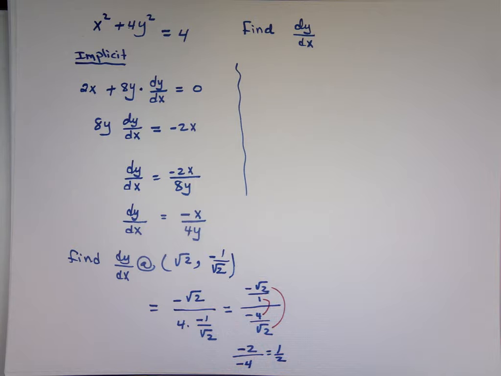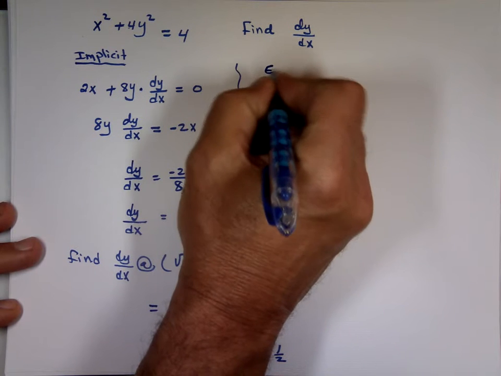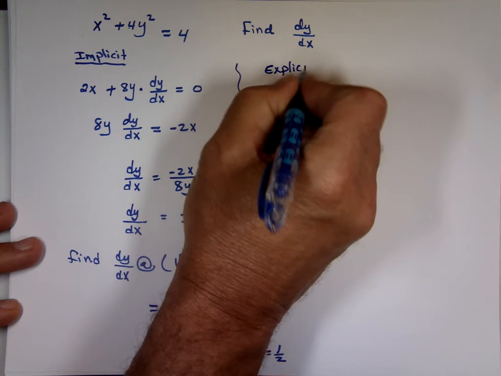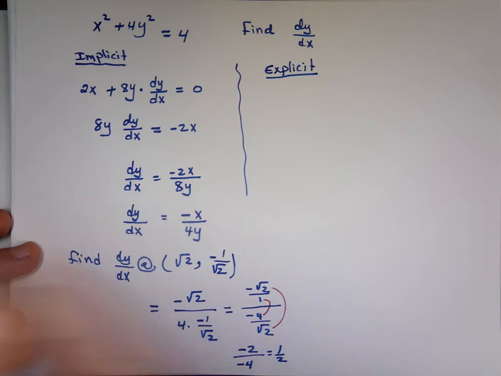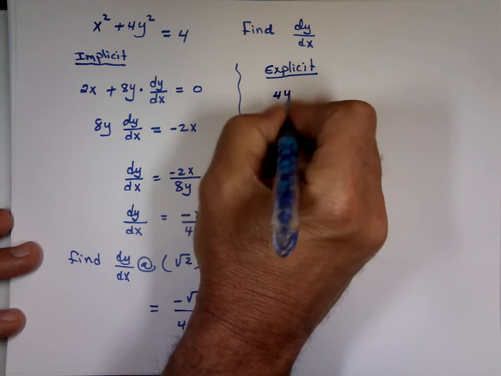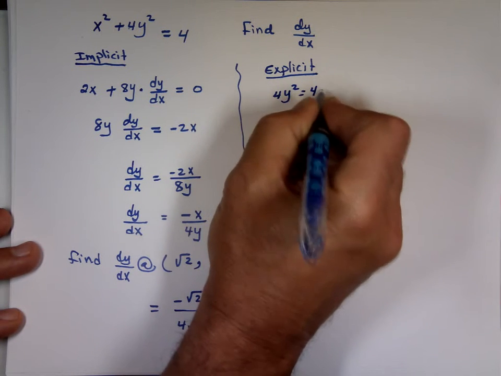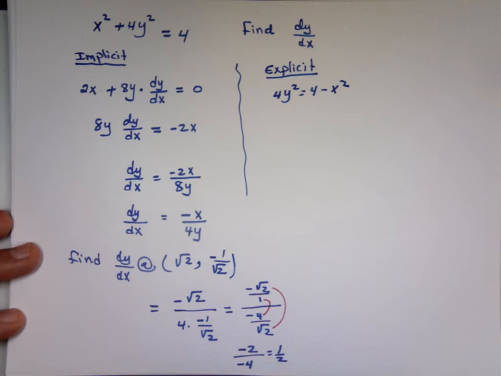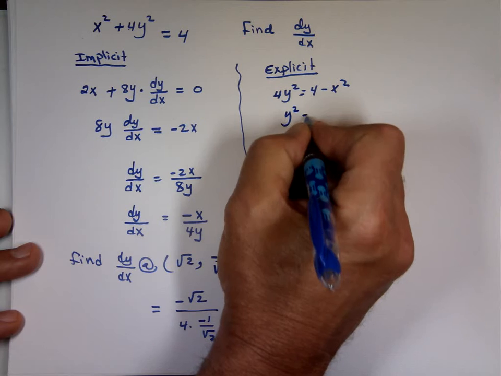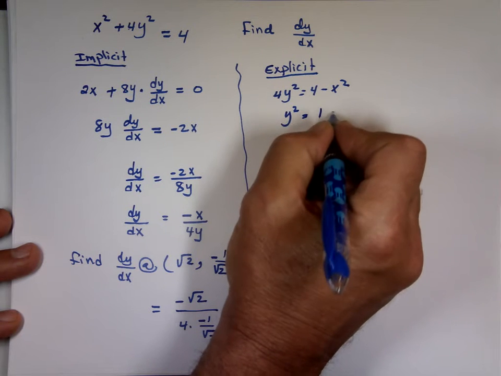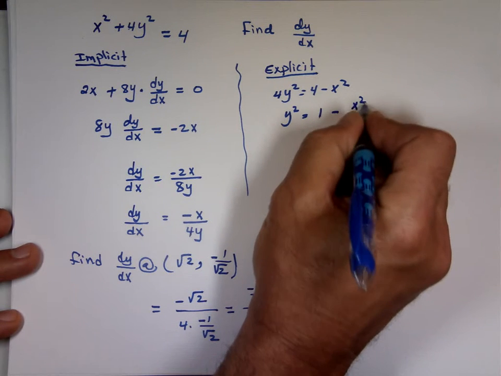Now, this is one of those problems. I could have solved it for y. I could have made it explicit. Which says what? 4y squared equals what? 4 minus x squared. Divide both sides by 4. 4 over 4 is 1 minus x squared over 4.